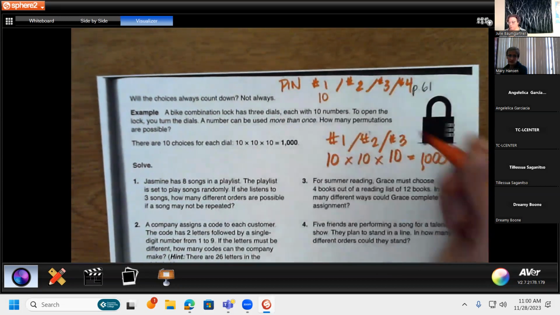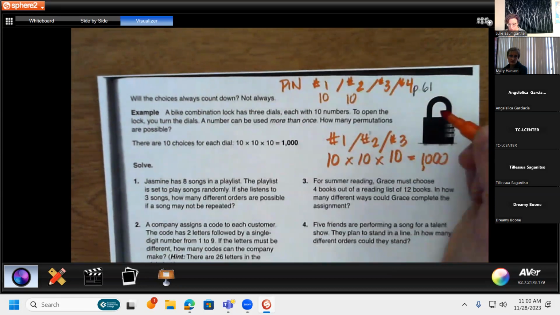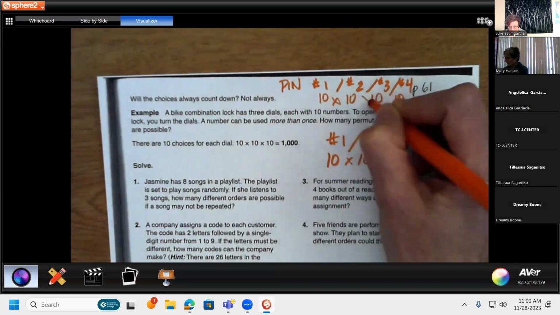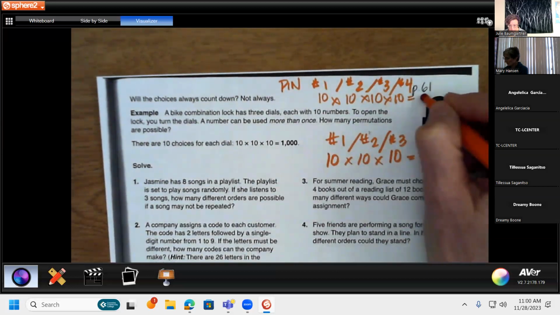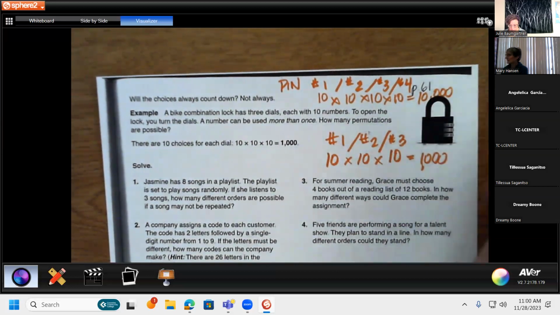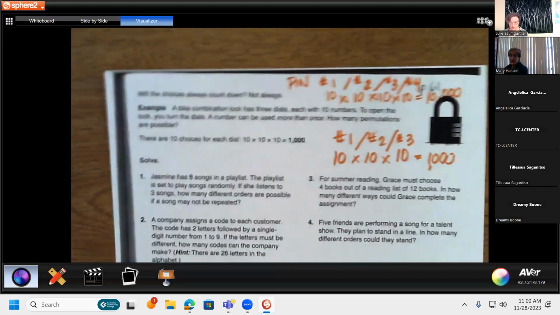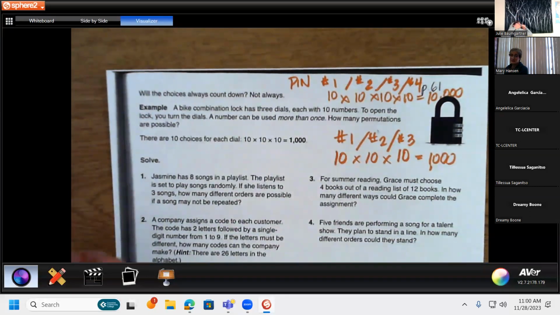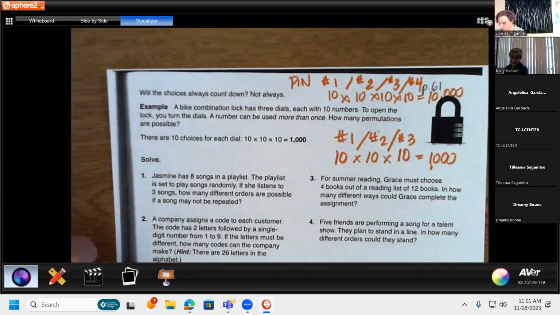So you would have 10 choices for your first number, 10 for your second number, because in a PIN number you can repeat, 10 for your third, and 10 for your fourth. And so there would be 10,000 different choices. That's why a PIN number with 4 digits is pretty secure. If you think about the likelihood of someone guessing your PIN, there are 10,000 different possibilities. So it's not likely someone is going to guess it.